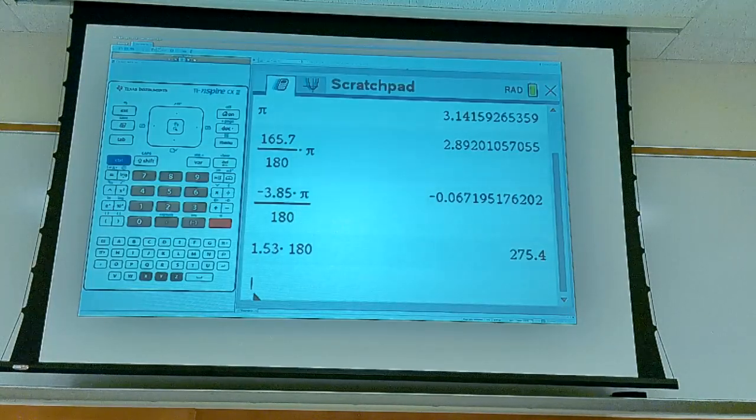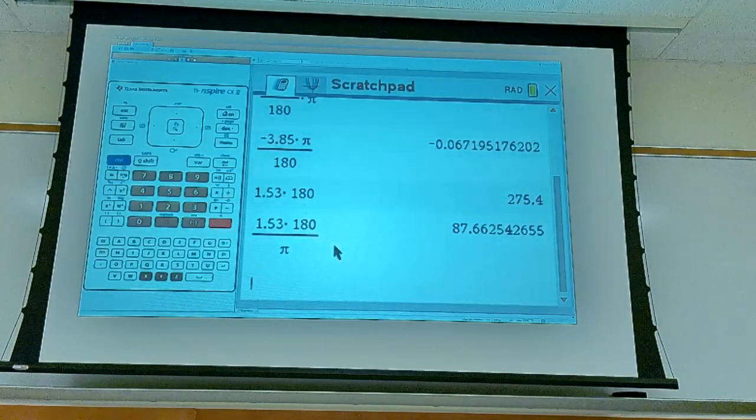So 275 over pi degrees. Not pi times, I thought you said you were going to keep it over pi. Over. Okay. Or the true approximation, 87.7 degrees. 87.7 degrees.